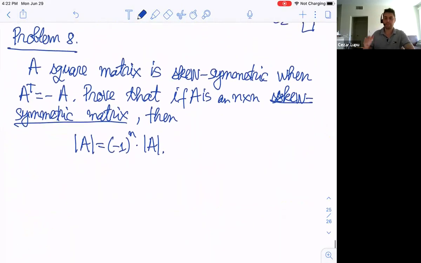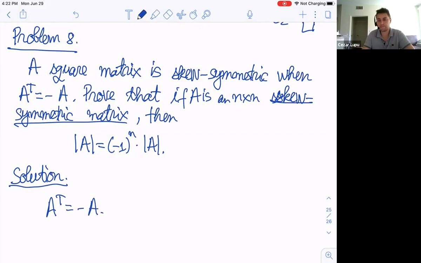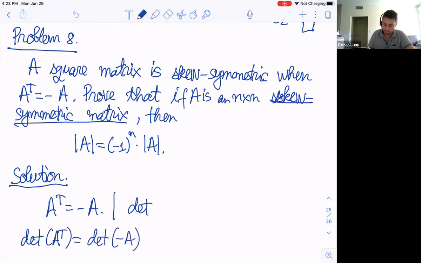Well, let's look at this problem for a bit. Let's analyze it together. So we know that we have this equality. A transpose is nothing else than negative A. So just like we did previously, a good idea is to take the determinant. So apply the determinant here. So this will imply that the determinant of A transpose equals the determinant of negative A, right?